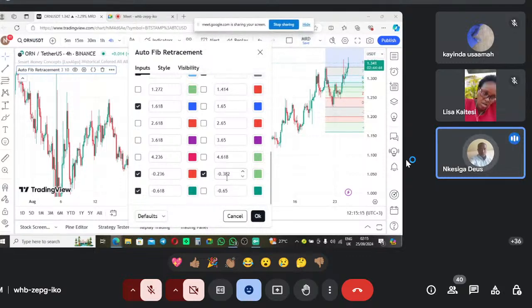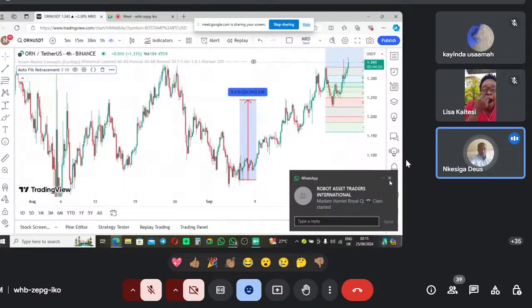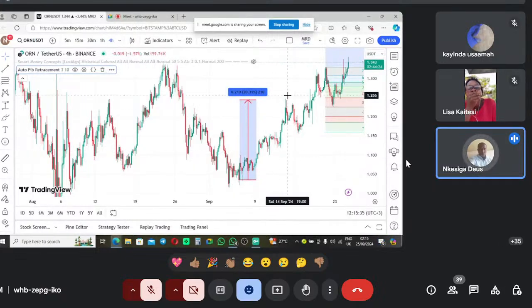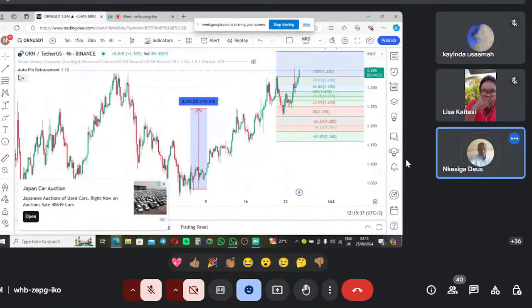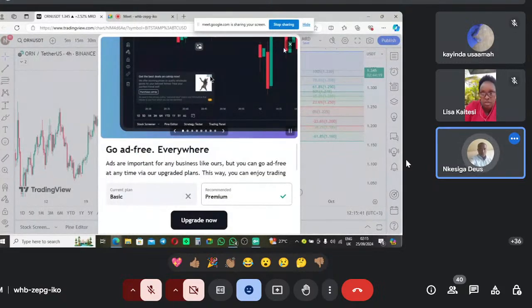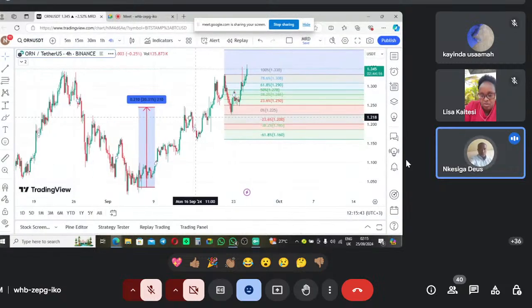After putting everything, you click the three dots on your phone, and you click save as default. After saving as default, you will click OK. Therefore, your chart will be looking like mine. This is the way it should be.